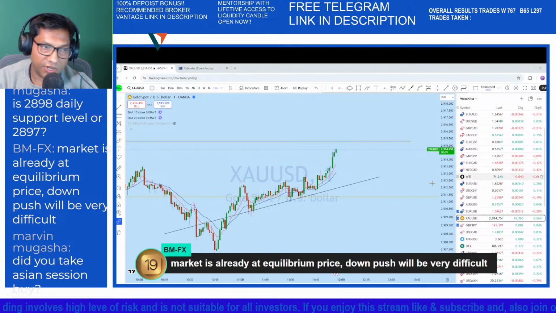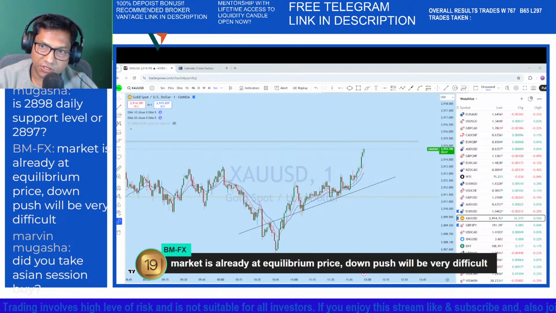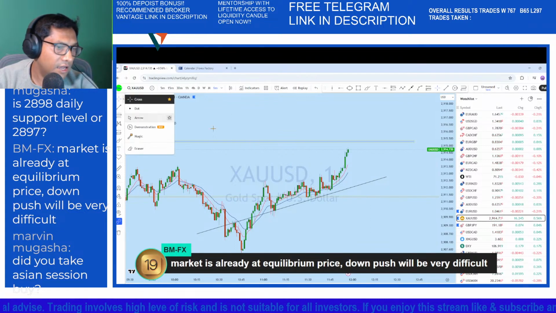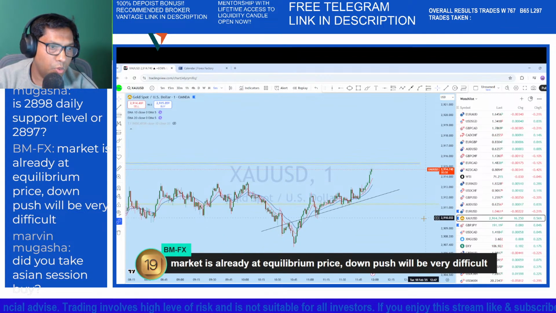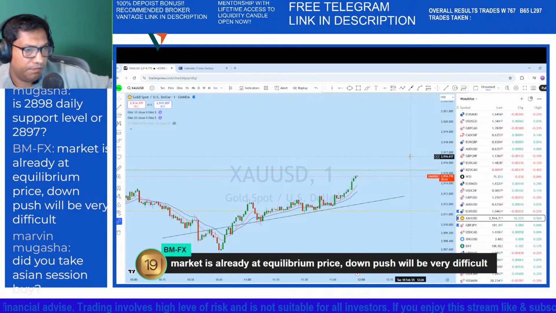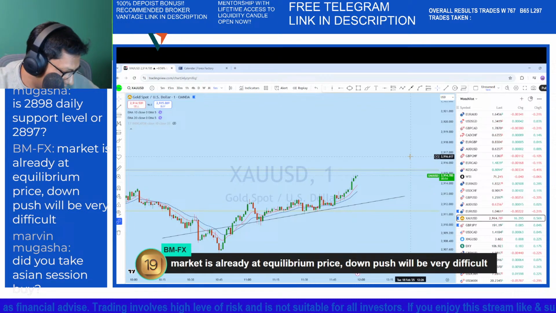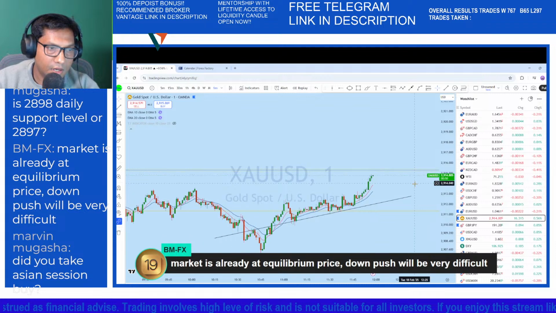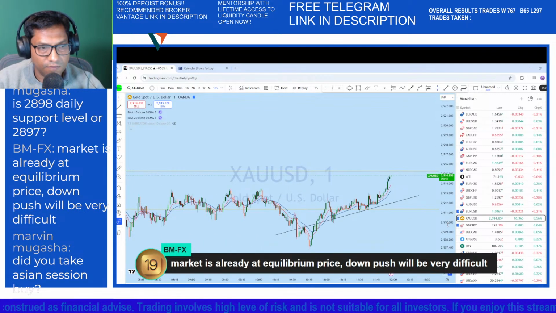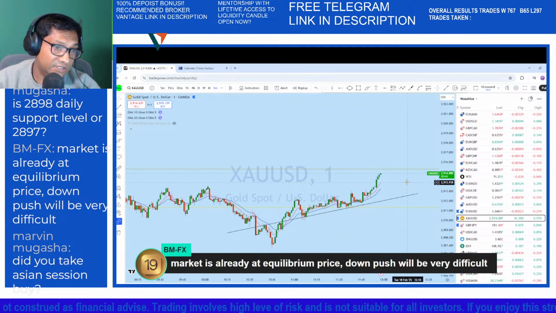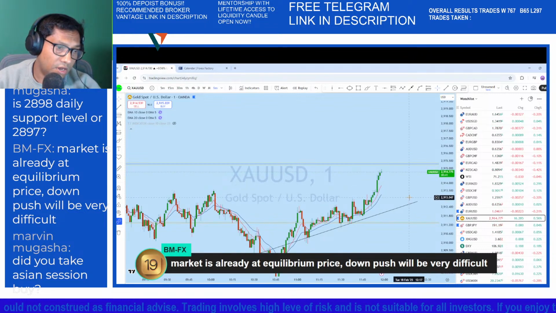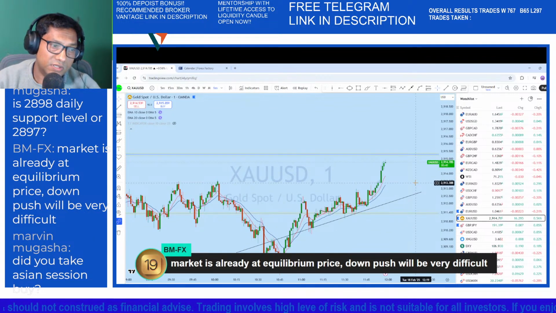Finding a proper trading opportunity is very important rather than just jumping on a trade, because more often you'll see that the market is going to give you false breakdowns or false signals.